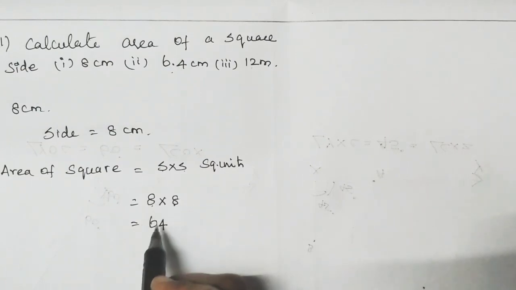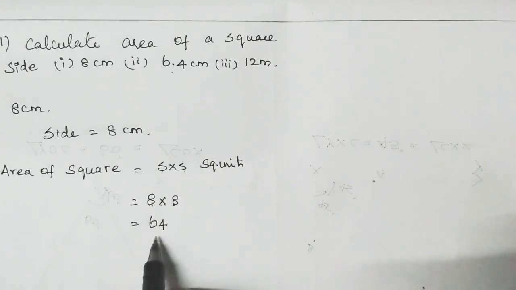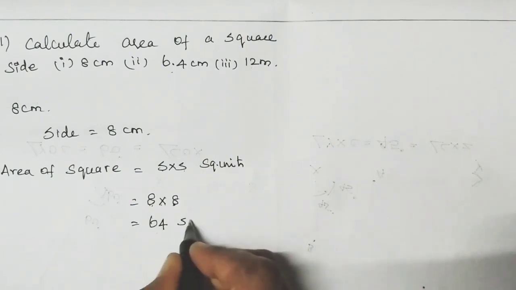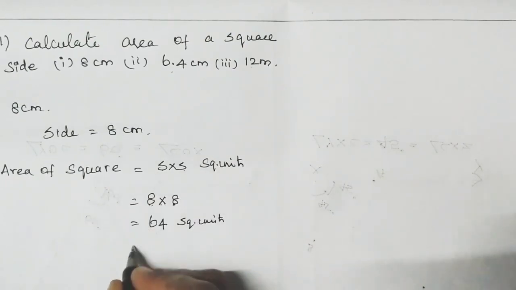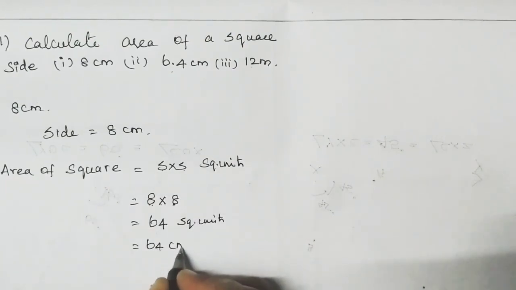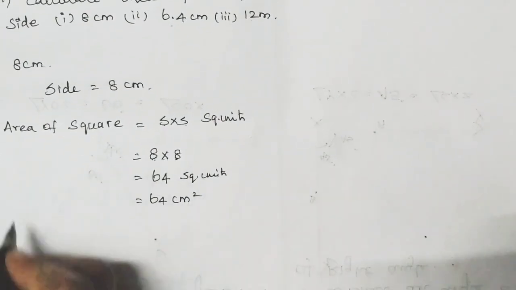No, it is not 8 2s are 16, it is 8 into 8. So 64 square units. Here what is the unit, children? Centimeter. So it is 64 centimeter squared.